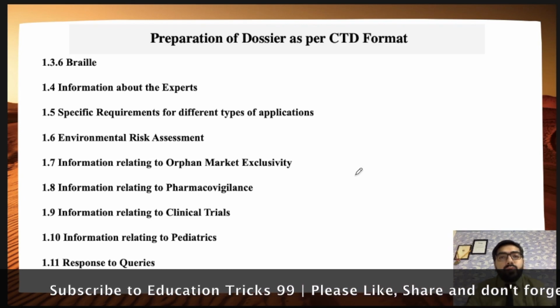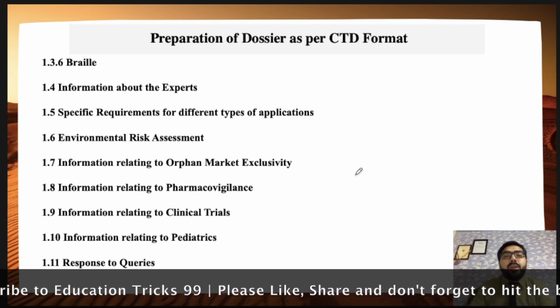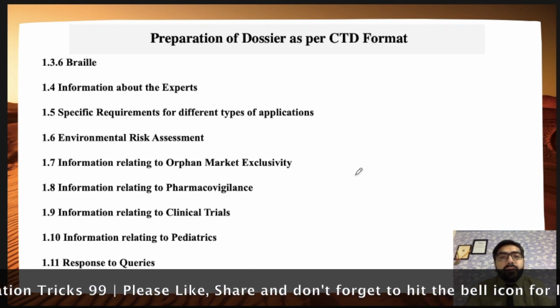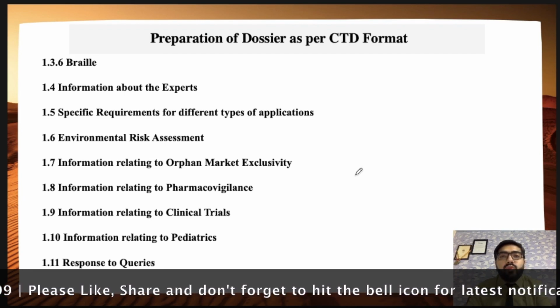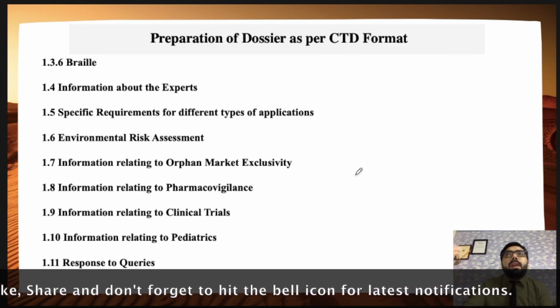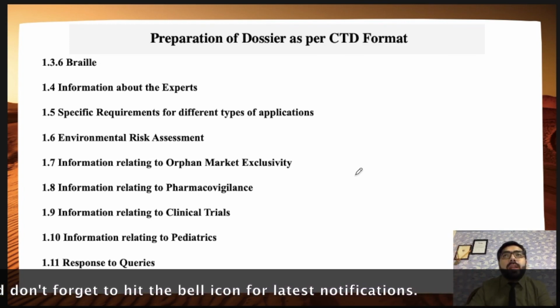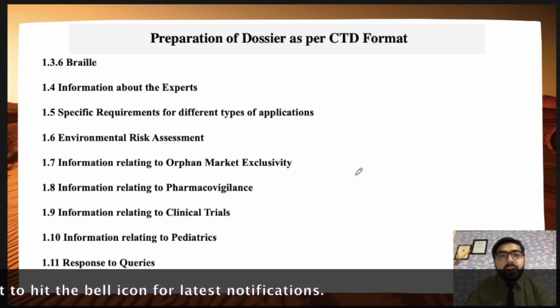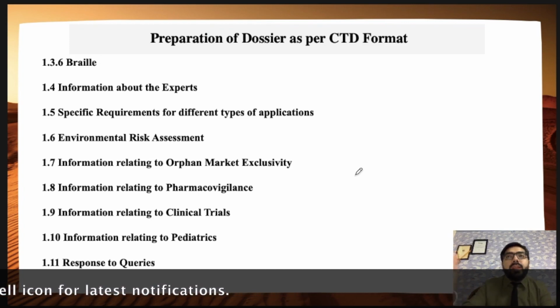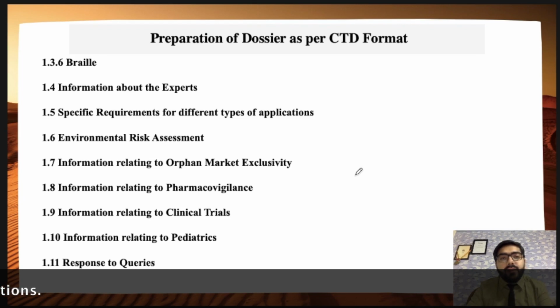Because there are control correspondences also, and response to queries is basically, we have raised a control correspondence, so the agency will respond to our queries. So this type of data will be included in the module 1.